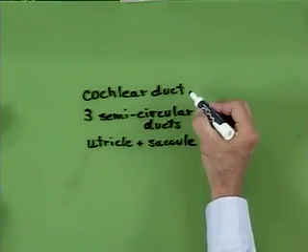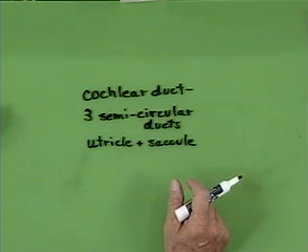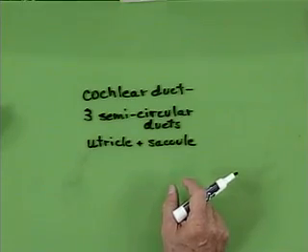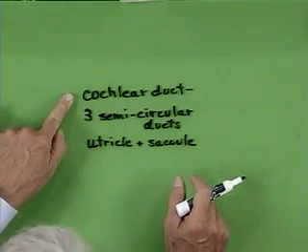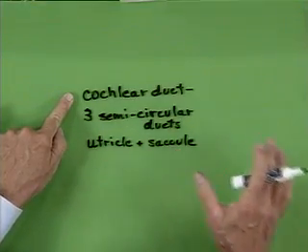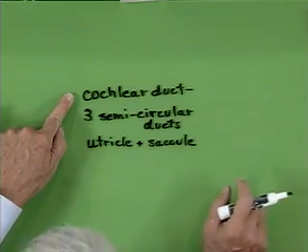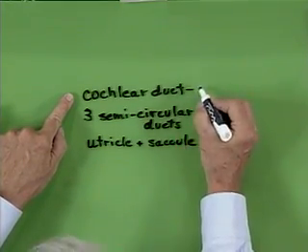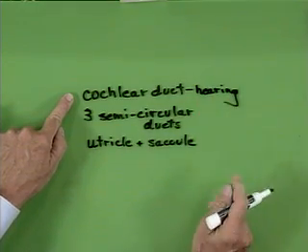Now, the cochlear duct is the part of the internal ear that is responsible for what we call hearing. In other words, when the sensory impulses generated by the cochlear duct get to the brain, they result in audition or perception of sound. So cochlear duct, think of that as hearing.